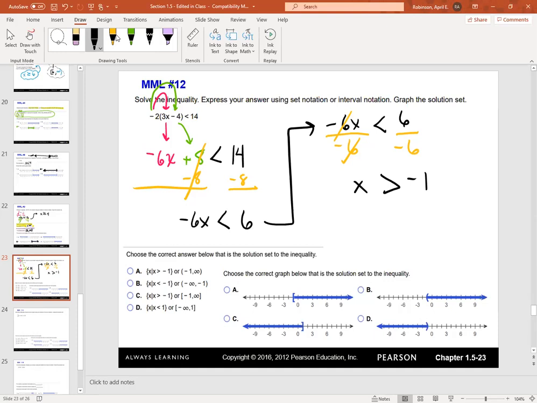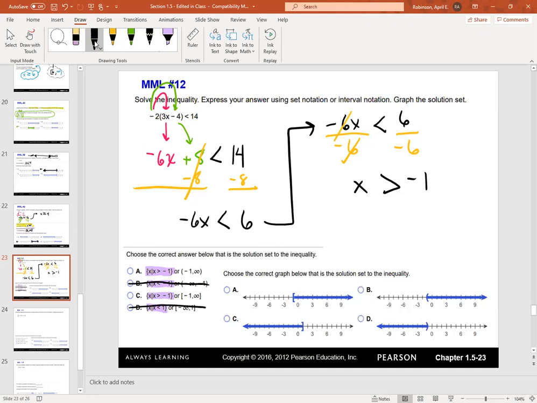And then it looks like the first part, they give it to you in set builder notation. And of those, greater than 1, that one's out and that one's out.